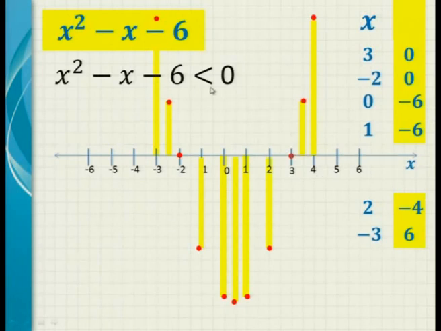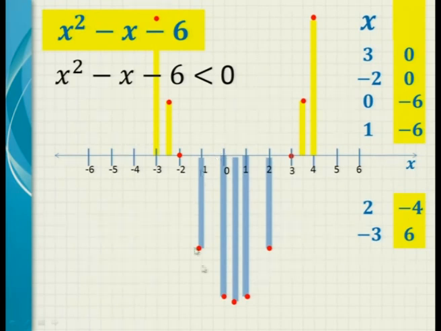But the question is, where are the yellow box values less than 0? Well, everything under the line is less than 0. So can you see all these values here for the yellow box are less than 0? And which x values give me those? Well, these ones here.